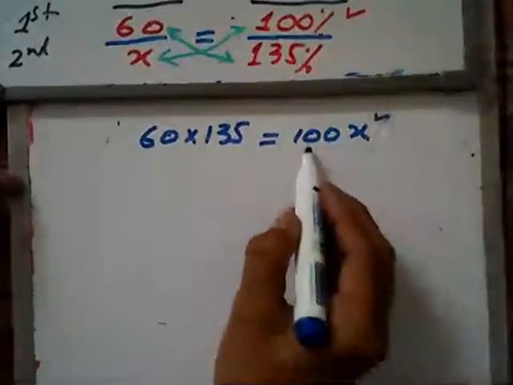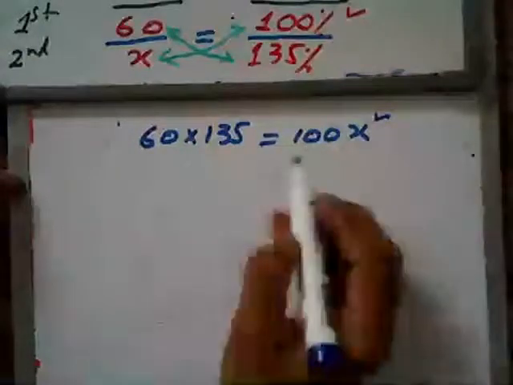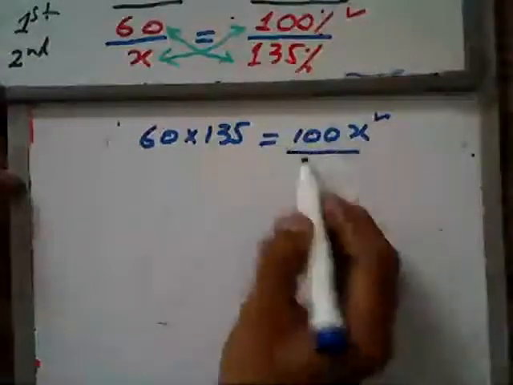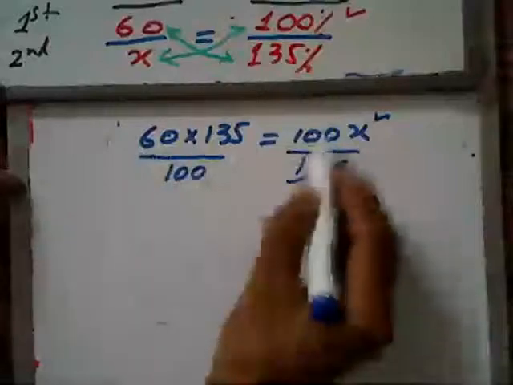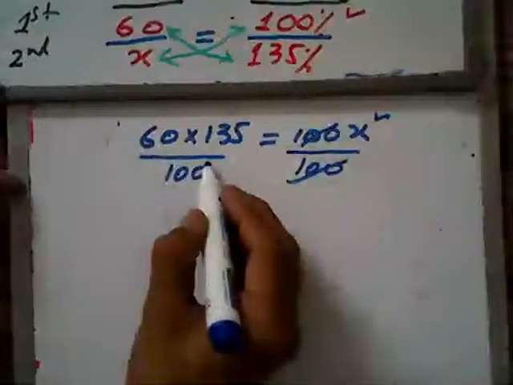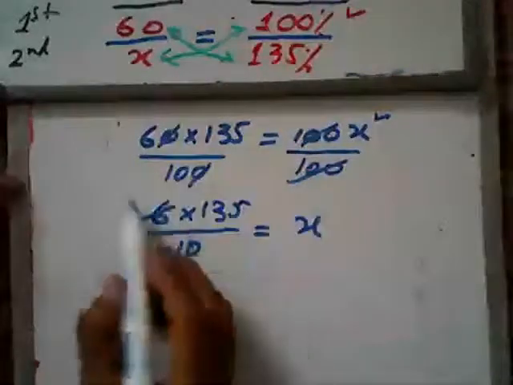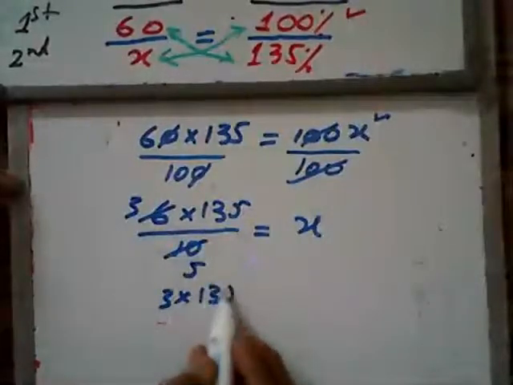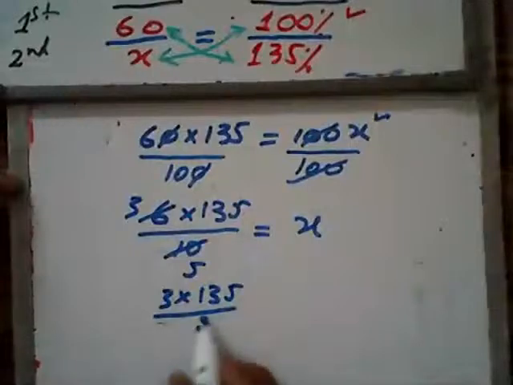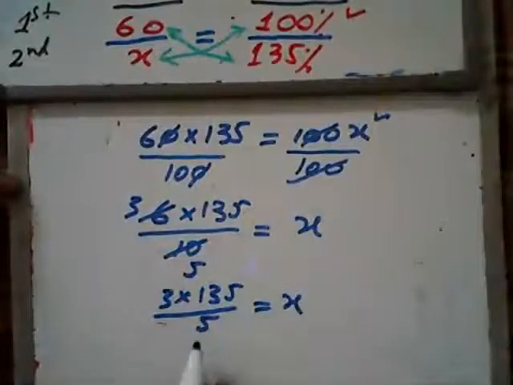So we divide by 100 on both sides, and it cancels. So it gives us 2 3s are 6, 2 5s are 10, so 3 multiplied by 135 over 5 is equal to x.